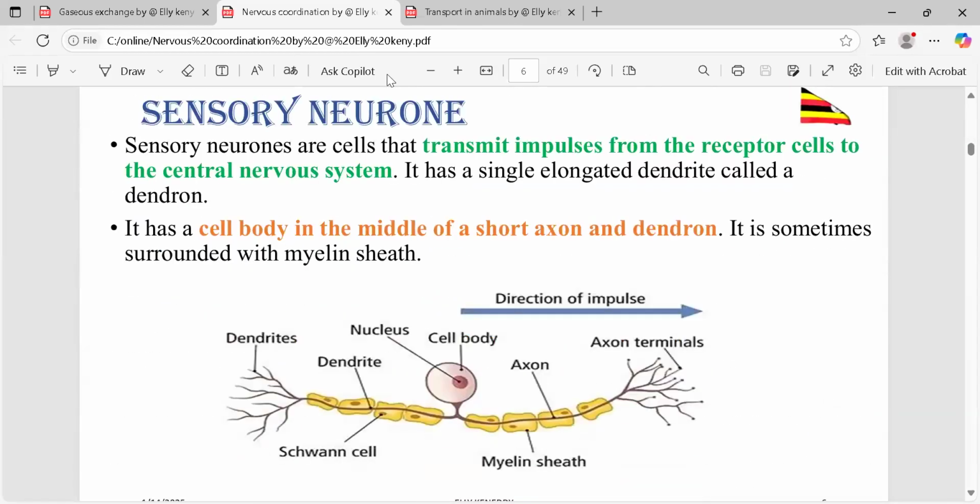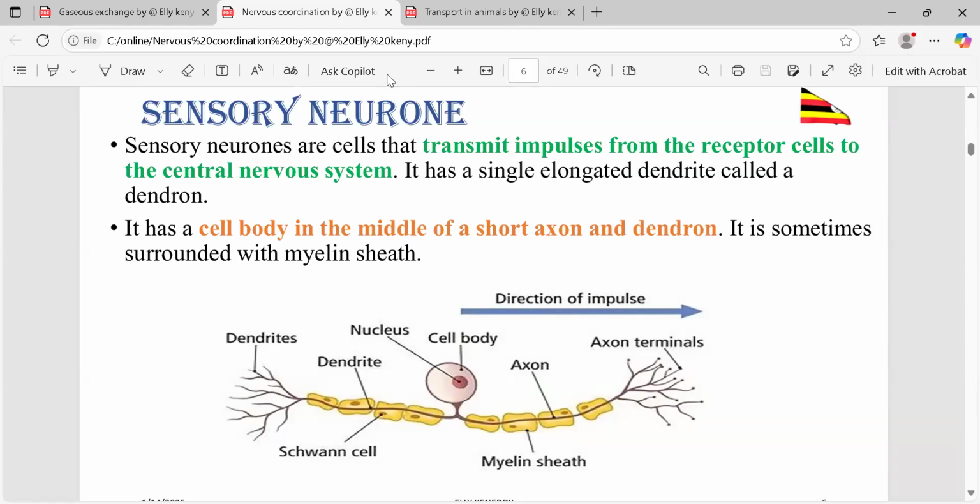So let's go to the sensory neuron. Sensory neurons are cells that transmit impulses from the receptor cells. The receptors are the sense organs. We should be noting that.